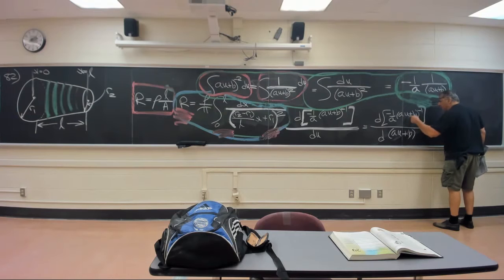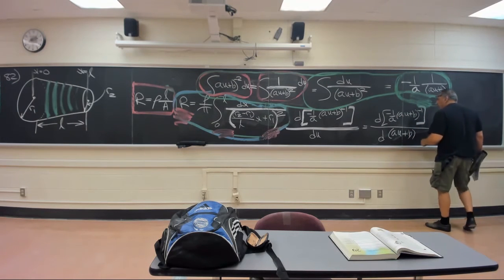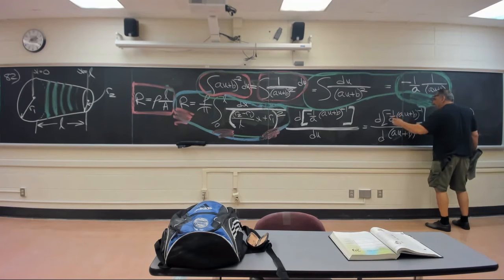What's the derivative of 1 big X to the negative 1 with respect to 1 big X? This is just 1 big X. What is the derivative of the product, negative 1 over A, with the multiplicative inverse of 1 big X with respect to 1 big X?